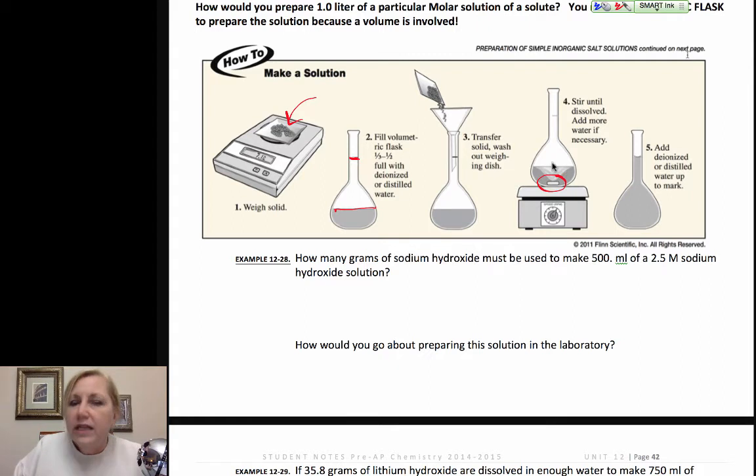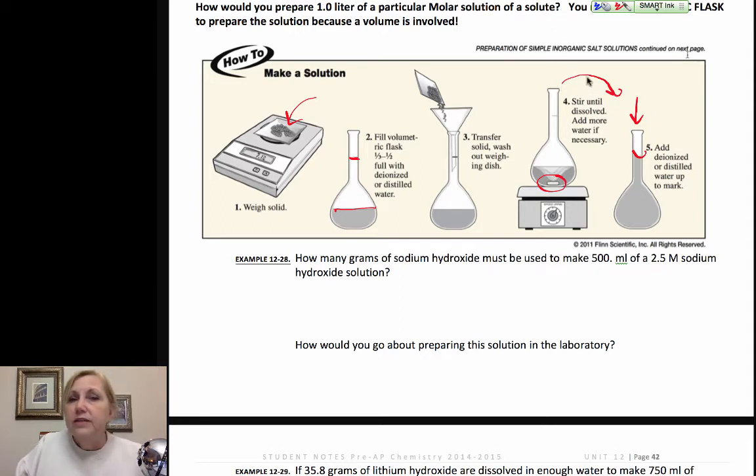Okay? Once that's all dissolved, then what we do is we add water until the bottom of the meniscus is on that line. All right. Now, there's one extra step that you may have to do between here and there.